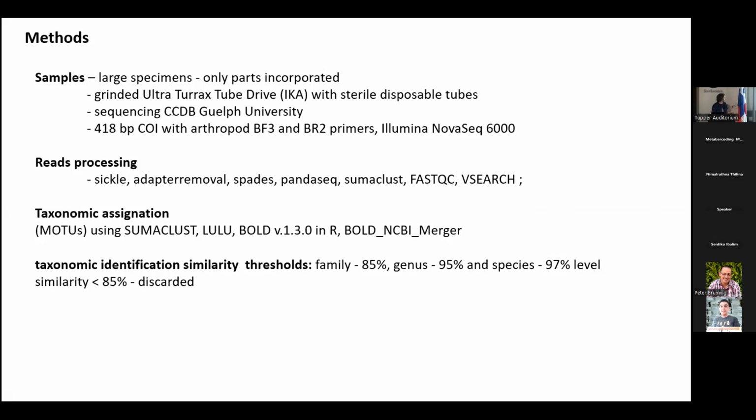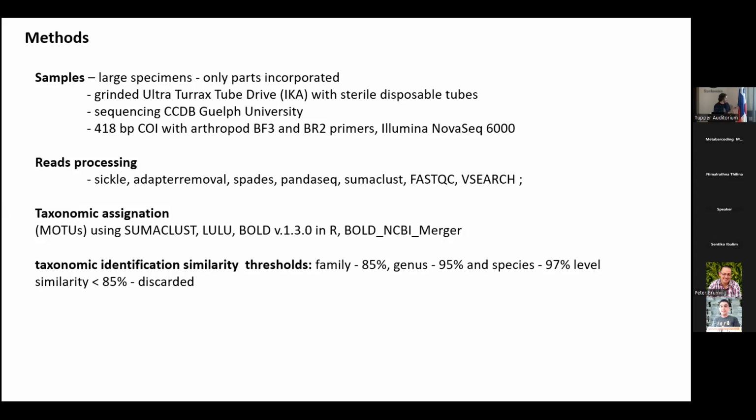And then this is the rough analytical pipeline with Sickle, adapter removal, SPAdes, VSEARCH, etc. And then we used taxonomic assignations into molecular operational taxonomic units using SumaClust, and then compared with or searched through the BOLD and also the BOLD and NCBI merger.